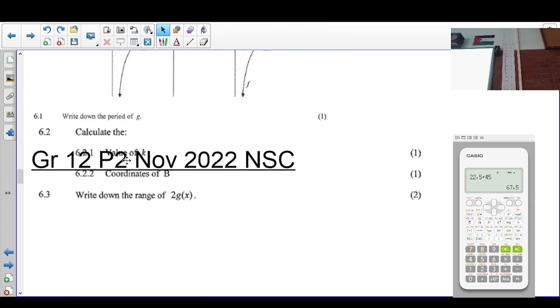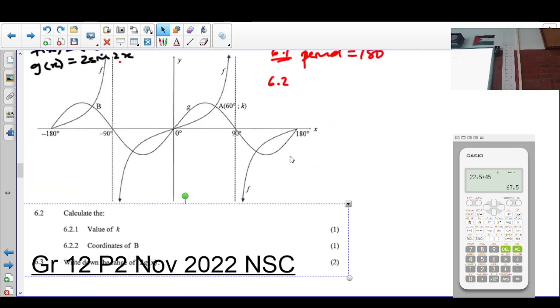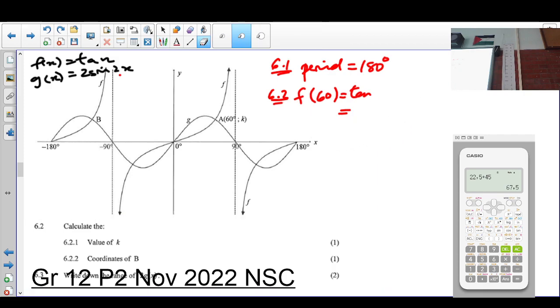Then let's just calculate the value of k. So where's k? As you can see, k is lying on both g of x and f of x. So I can say f of 60 is equal to tan of 60, which gives me a k value of tan 60, root 3.